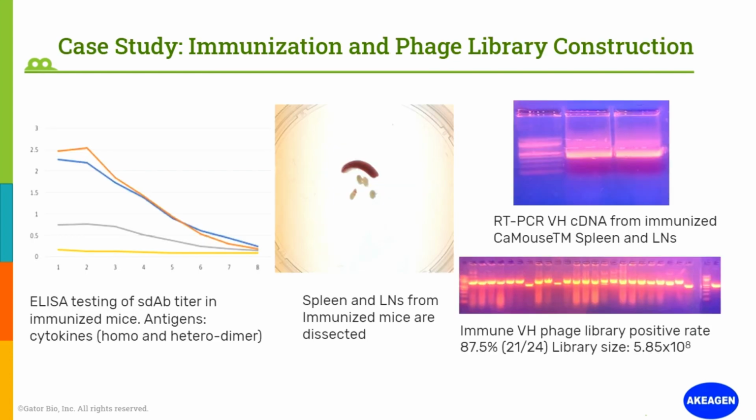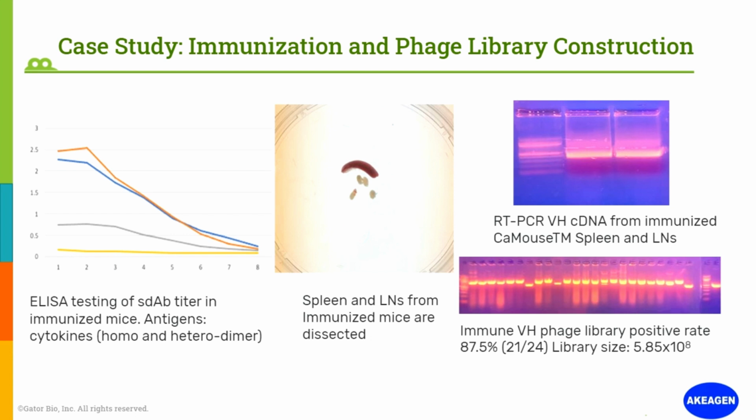So this is a case study, and the antigen we use here is a fusion protein of a cytokine with the Fc domain. Actually, there are two cytokines, and they belong to a family. So we call them A and B. They belong to the same family, and both antigens are fused to the Fc.